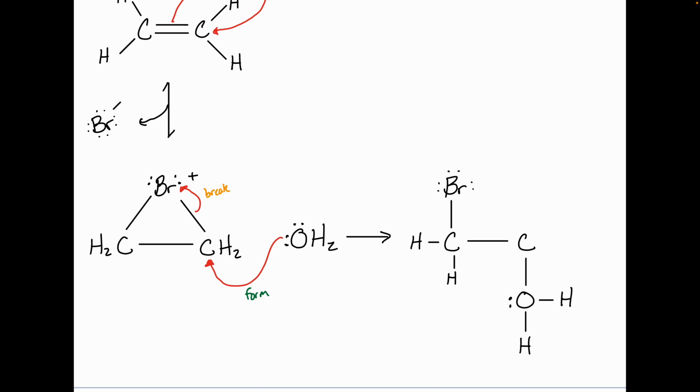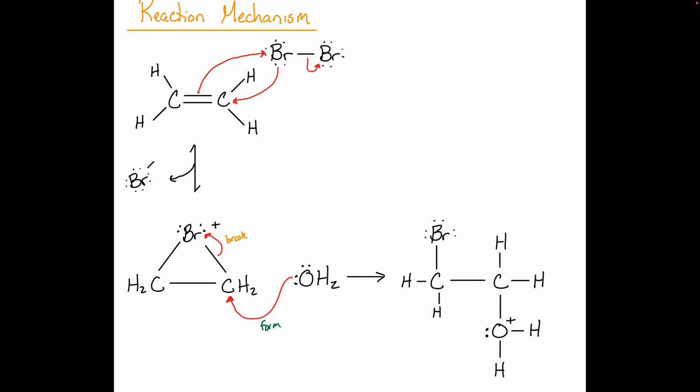So if I'm being good, I then have my 3 bonds. So that means I have 1 lone pair and a positive charge. And if we look, we're almost there. We're almost to our product for this reaction. All right, I'm just going to need to do what?